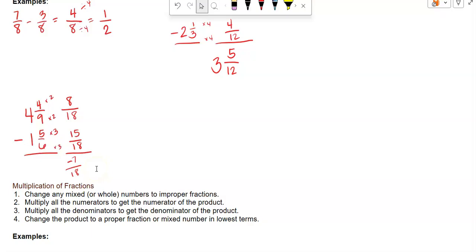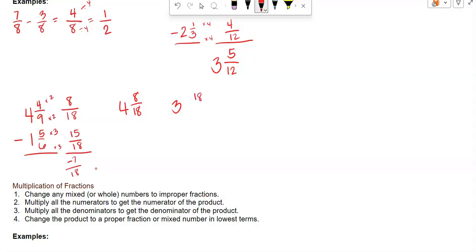So again, step 2 says if necessary, borrow 1 from the whole number part. So I'm going to concentrate on this 4 8/18. So remember, 4 4/9 is the same as 4 8/18. I want to borrow something from 4. So that leaves me with 3.